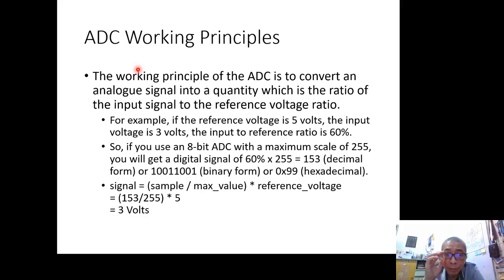The working principle of the ADC is to convert an analog signal into a quantity, which is the ratio of the input signal to the reference voltage.